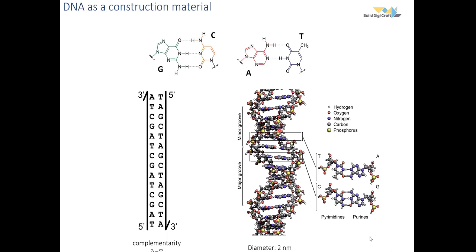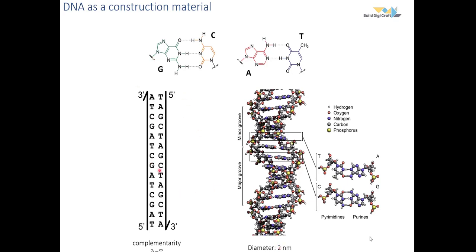You can introduce all kinds of chemical modifications inside DNA. Also, double-stranded DNA is a relatively rigid nanoscale object, but single-stranded DNA is very flexible. So it gives you some space to play with the material properties. Just for reference, the diameter of a double-stranded DNA is around 2 nanometers, so it's a truly nanoscale object.